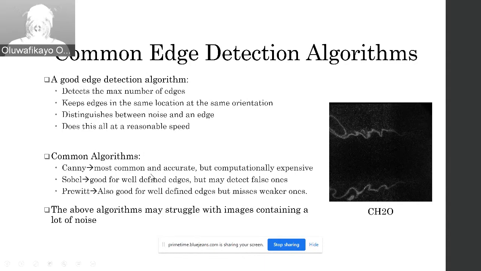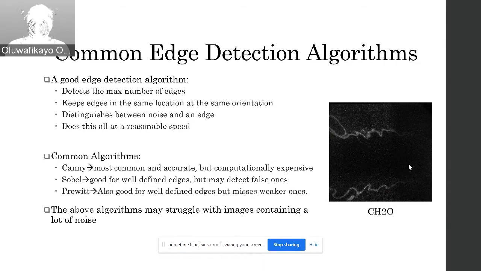And Canny is one of the most common, and it's also very accurate, but it's computationally expensive. And Sobel and Prewitt are good for images with well-defined edges, but respectively, they may detect false edges or miss weaker edges. But the above algorithms may struggle with the noisy images that we may encounter when trying to take images of a flame.